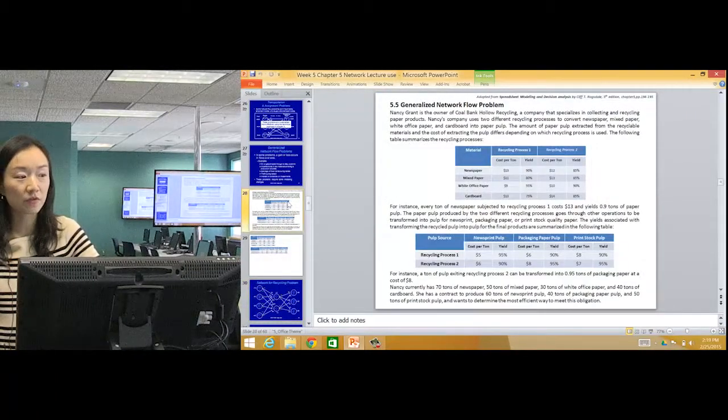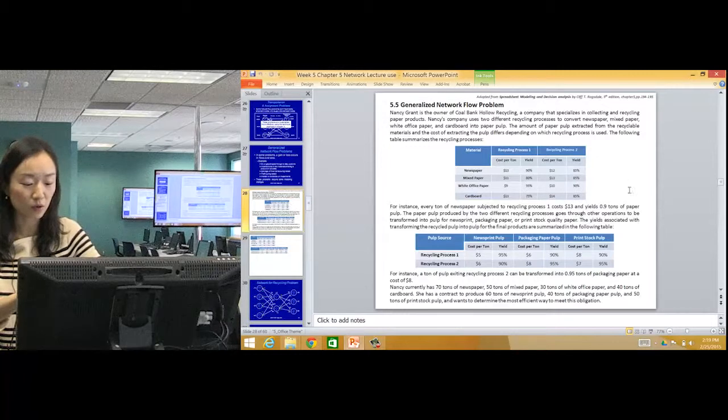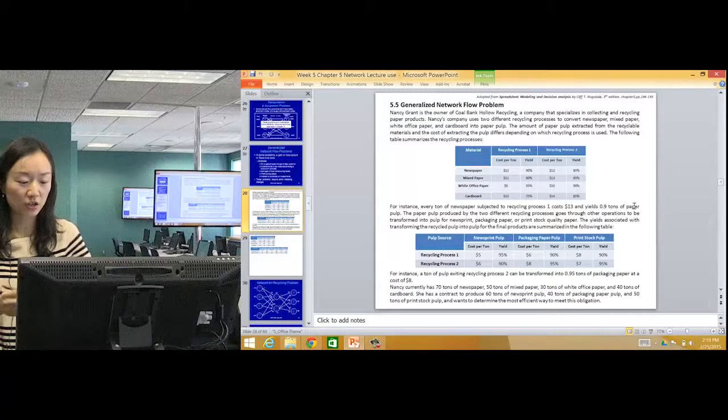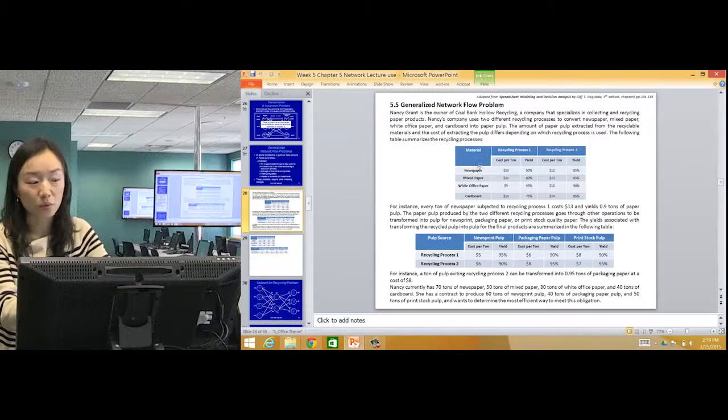Okay, in the previous two problems, the network is given. So it's pretty clear which node to which node. But in this one, this is the first business problem that we transformed into a network problem. And we'll look at one more today. Okay. And one challenge is to think in terms of network. Like in this case, we used those raw materials as the starting points.